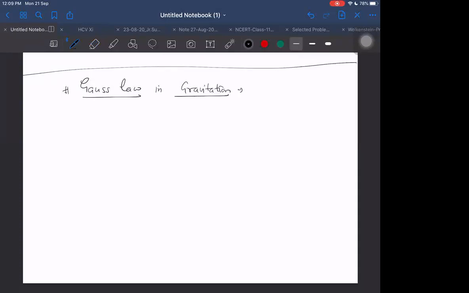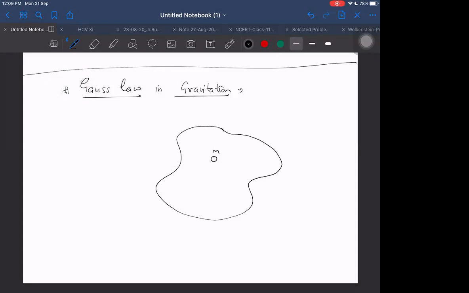What does it mean? It means that if I have mass m inside any closed surface, then the field due to that mass, the flux due to that mass.